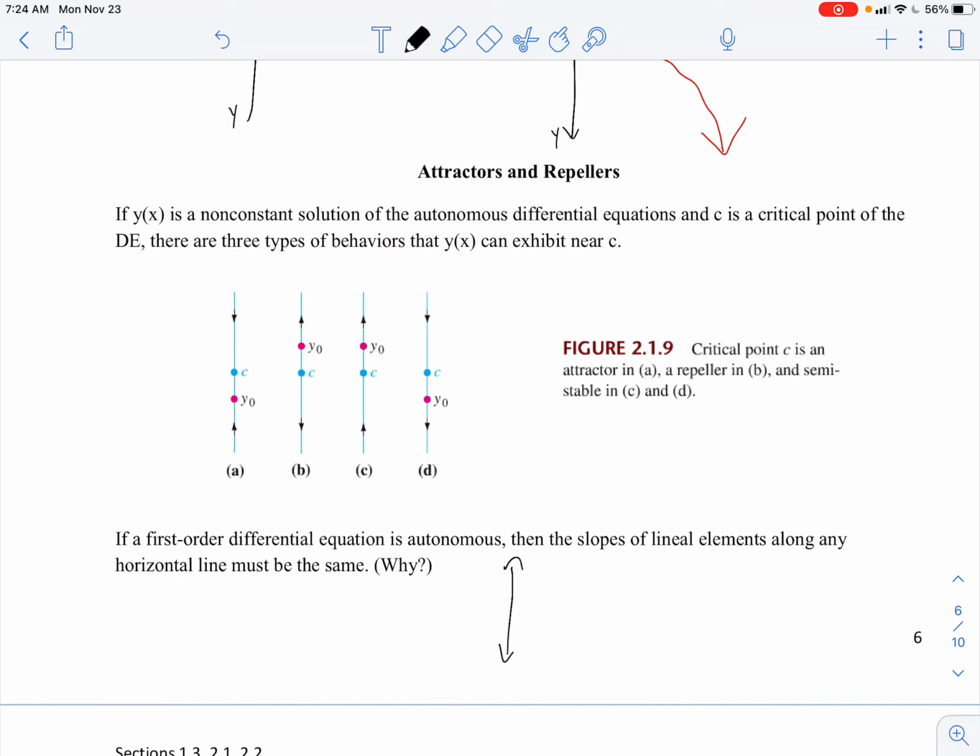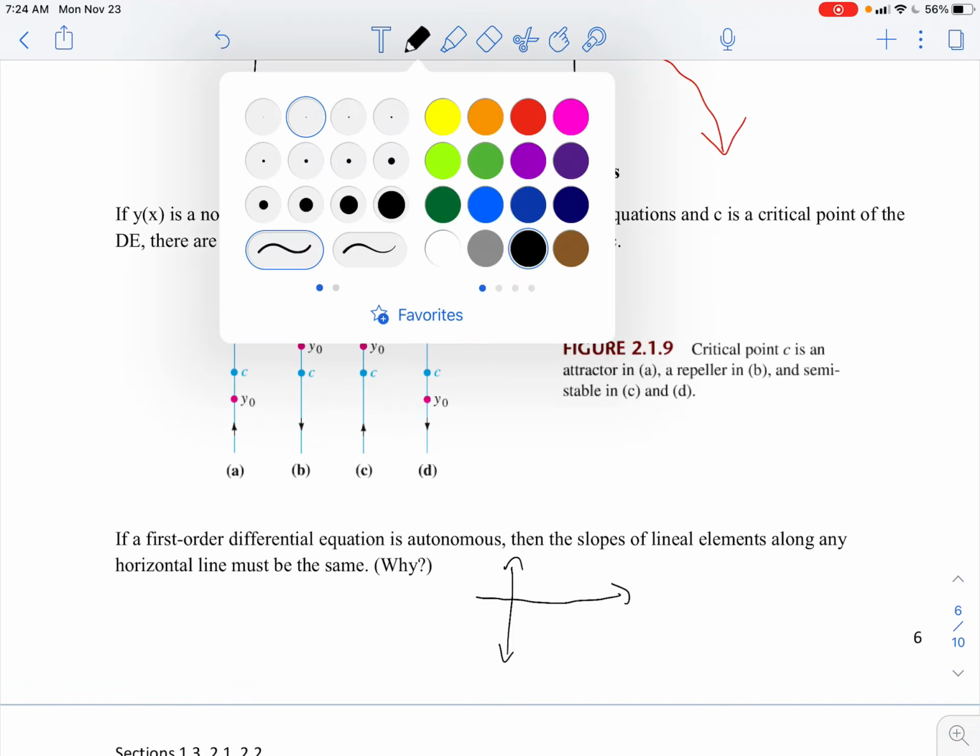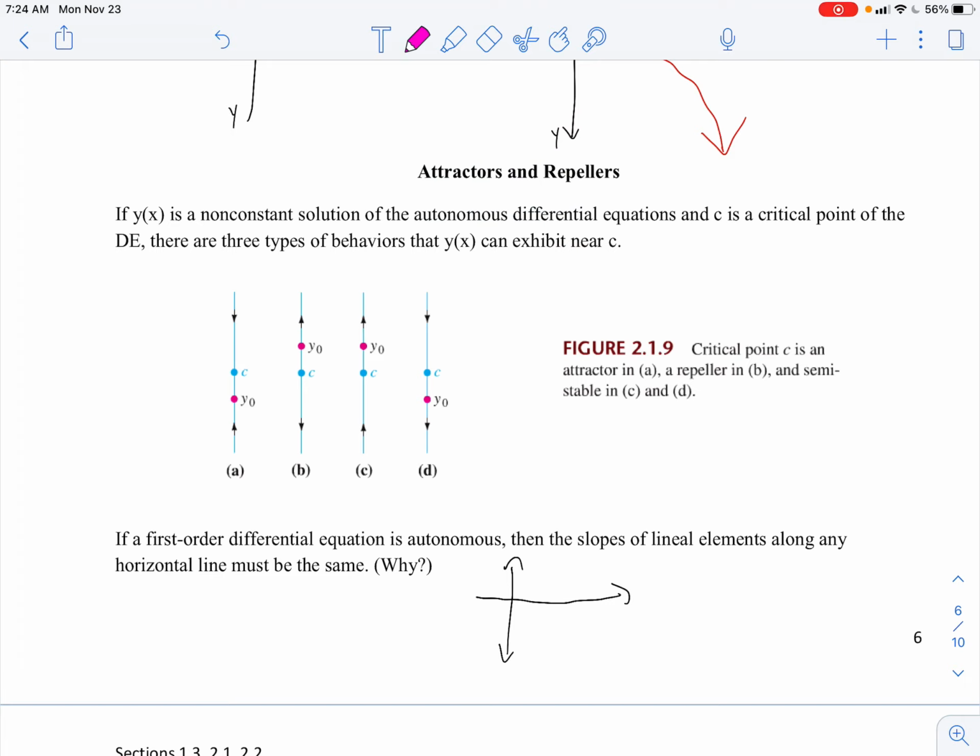So an example of if we graphed an autonomous differential equation into the slope field, as we go from left to right, they're all going to be the same. And so if you went in a vertical direction, they're going to change, but as you go horizontally, they're not going to change.